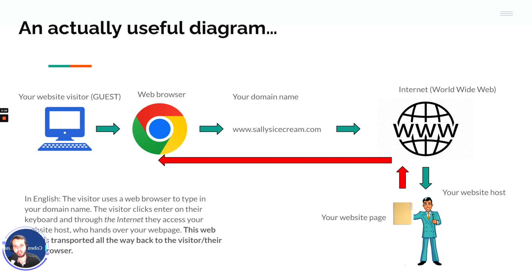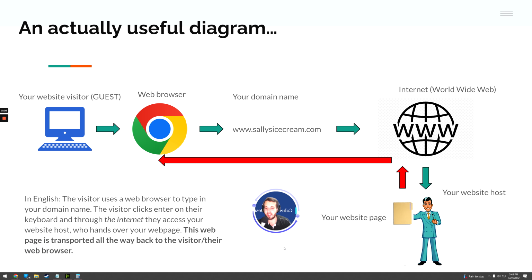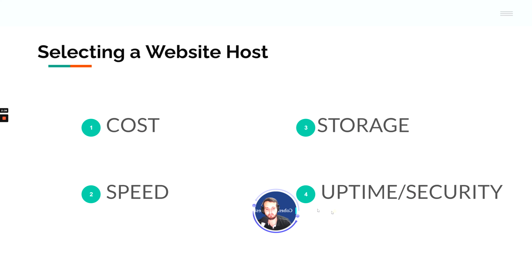So actually, to clarify, the domain name is just to access your website. Really, the file's being handed over to the internet, and the internet is handing that file back to the client's web browser. So that's how they're able to access your page. And just in case you're not a diagram person, I have the English typing version right here, which you can pause and read. Makes it a little bit easier to understand.